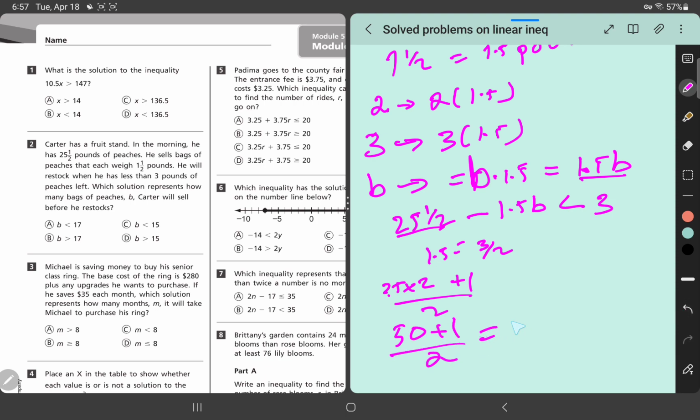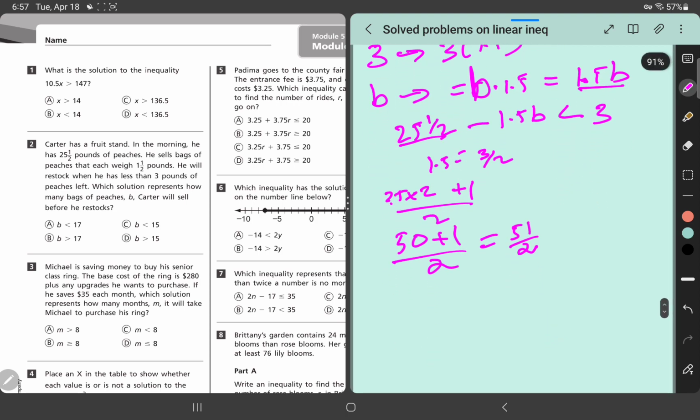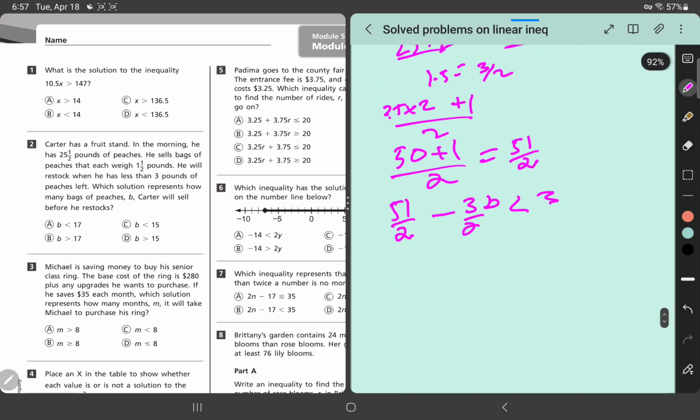So this is 51 over 2. Then the inequality is going to be 51 over 2 minus 3 over 2 b less than 3. Now you can multiply everything by 2.